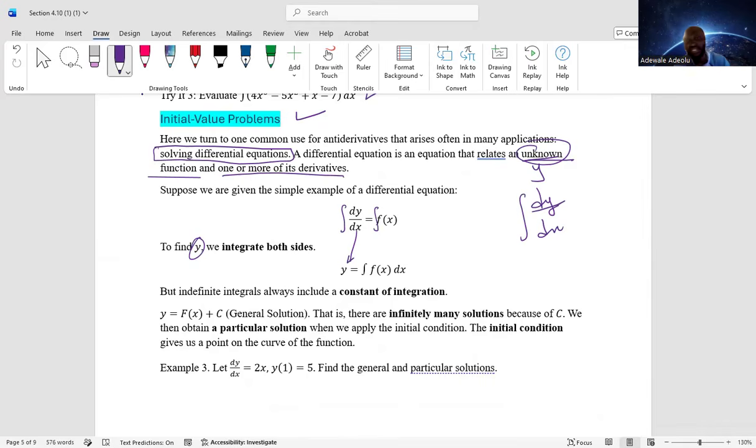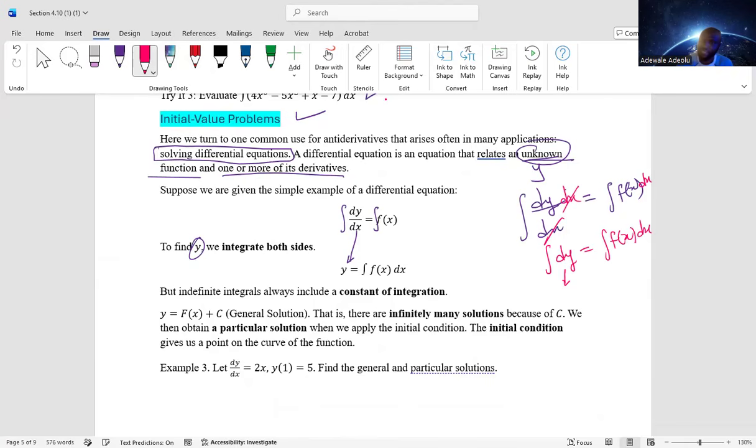The antiderivative of dy is y, right? So in this case, let me show you what is going on here, f of x. Then I can introduce dx to both sides. So I have the integral of dy equals the integral of f of x dx.